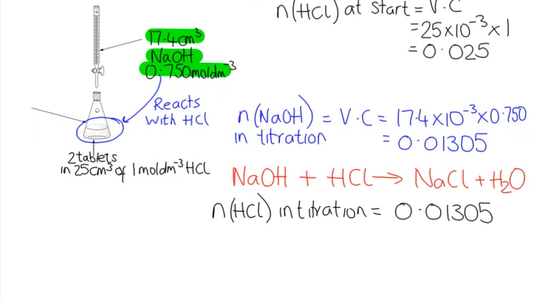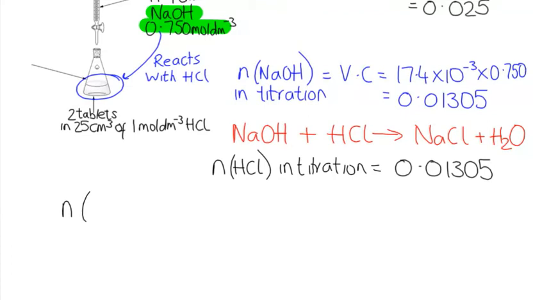So now I know that I went into the first experiment with 0.025, and after I'd spent some on the 2 tablets, I was left with 0.01305.